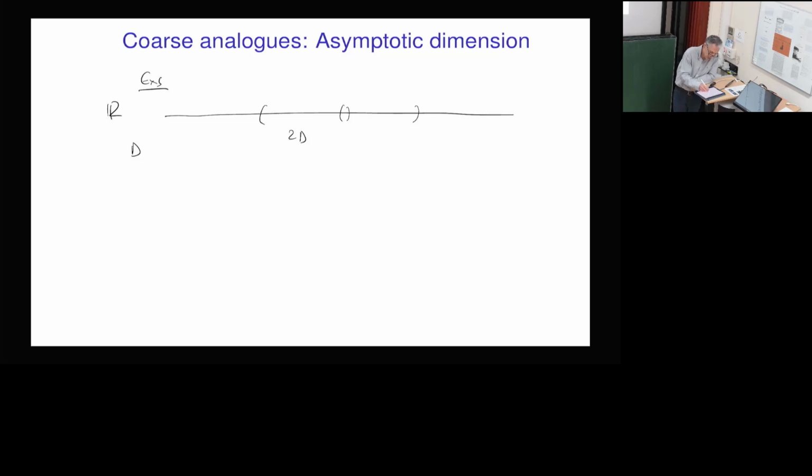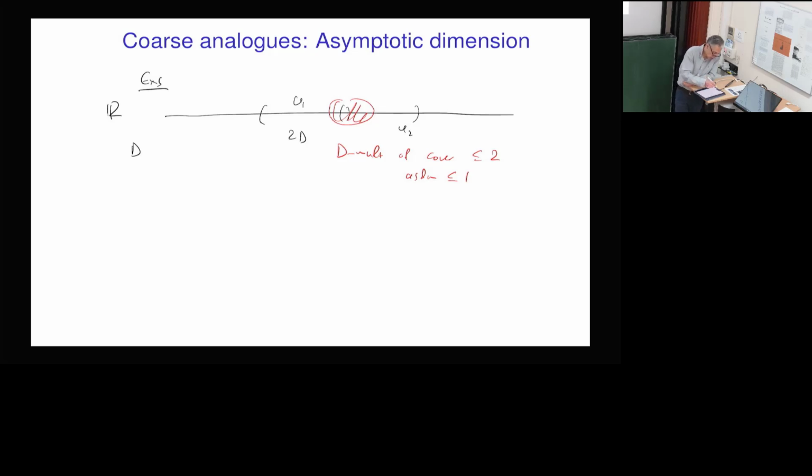So this is U1, U2. The worst that can happen is my ball is here. I call d-multiplicity how many sets the ball intersects, and the d-multiplicity of the cover is less or equal to 2, so the asymptotic dimension is less or equal to 1.